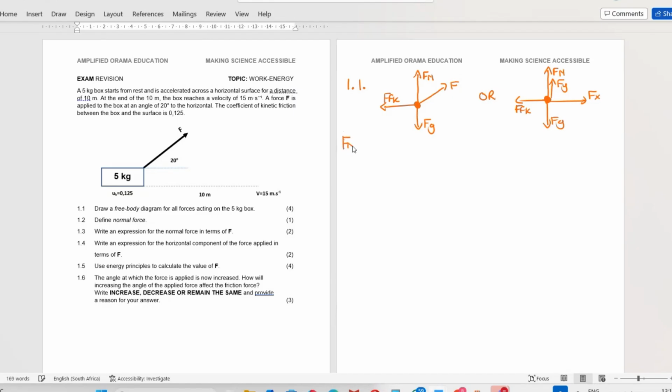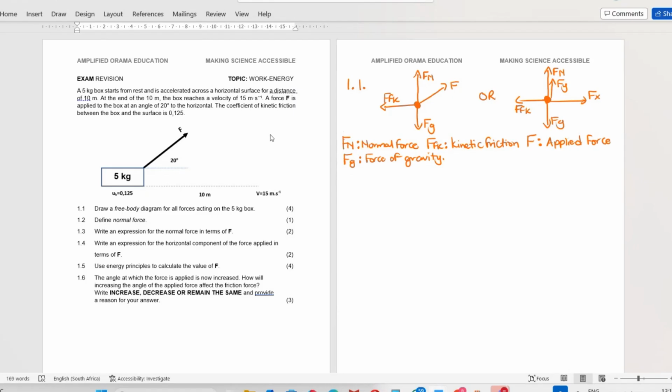So Fn represents the normal force, Ffk represents kinetic friction, and then F just represents the applied force, and your Fg represents the force of gravity. Okay, that is your 1.1.